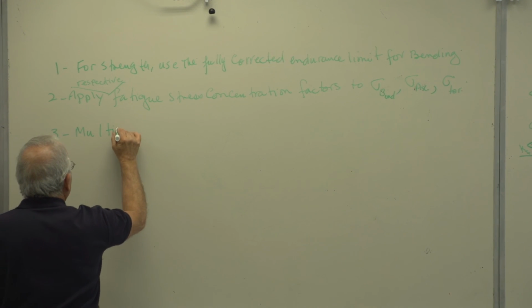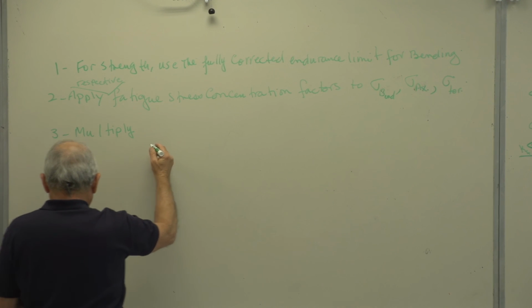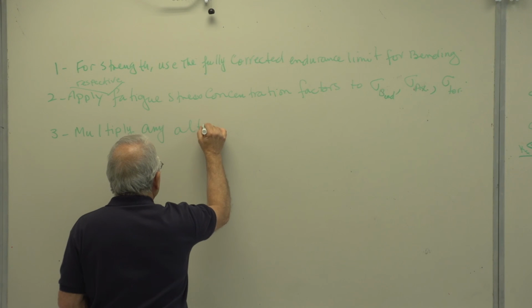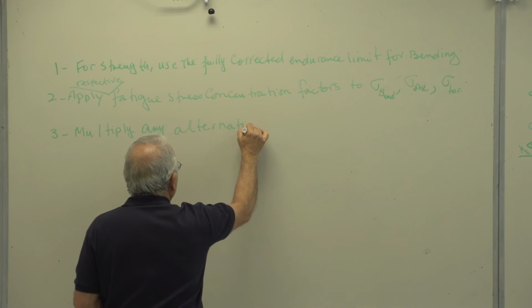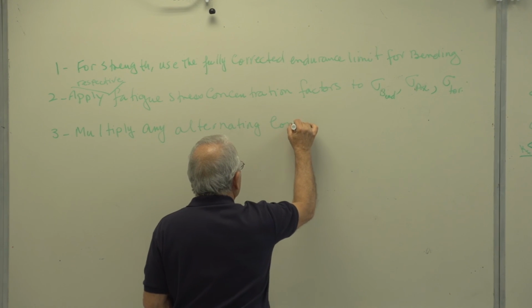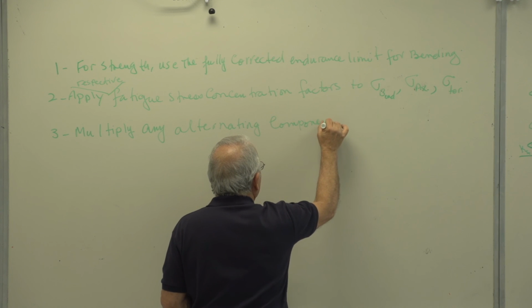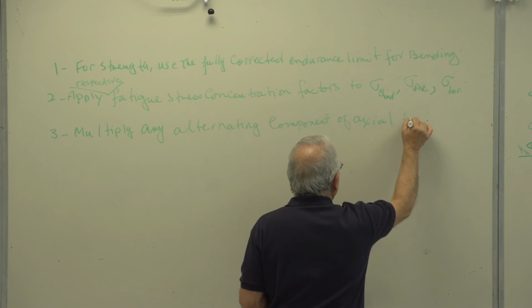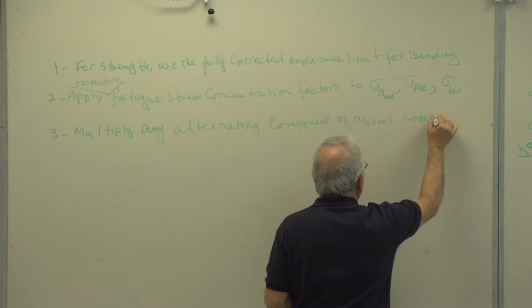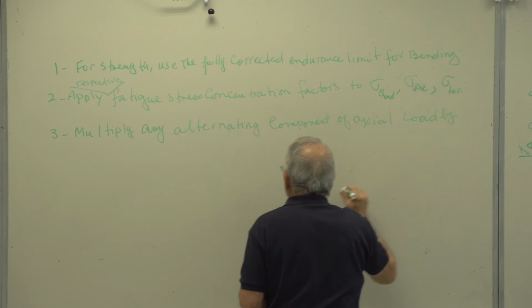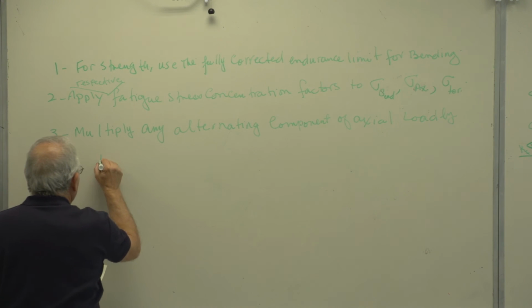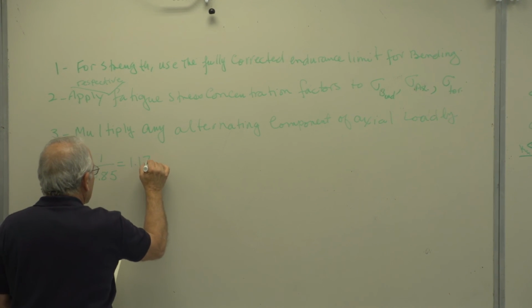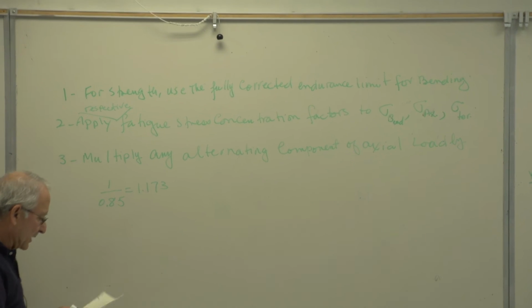3, multiply any alternating component of axial load by 1 over 0.85, which is equal to 1.173.